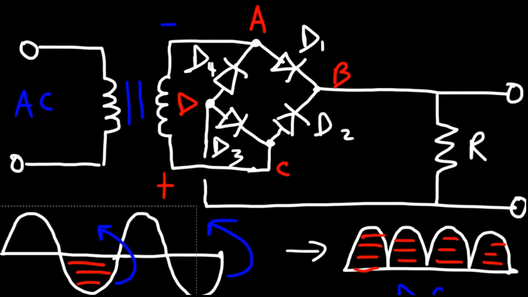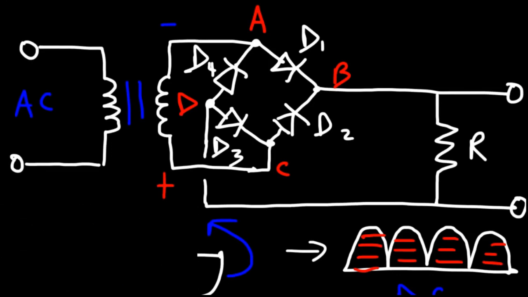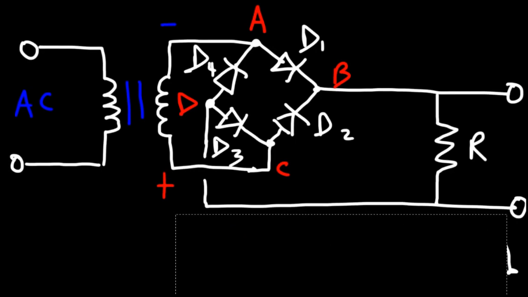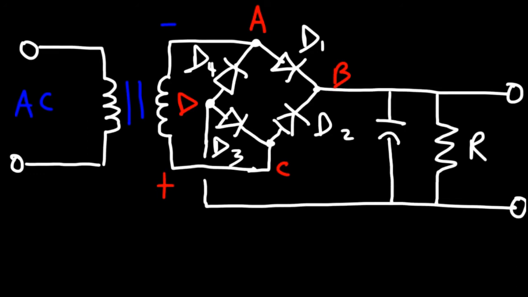Now, one of the first things that we can do is that we can add a capacitor parallel to the resistor. And the capacitor will basically filter out variations in voltages.